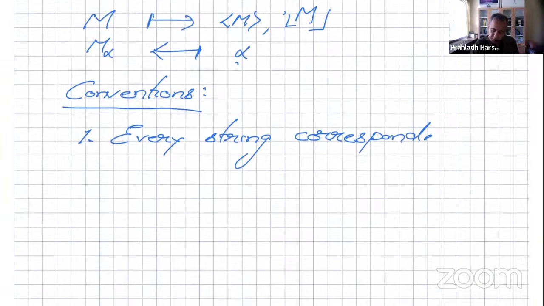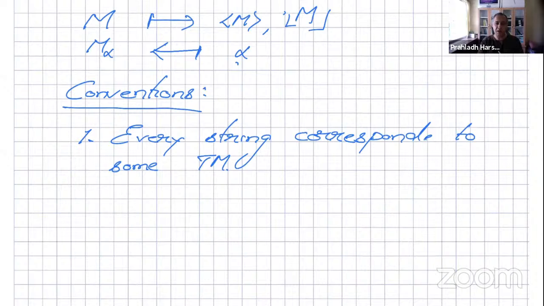I said that every string corresponds to some Turing machine. This might not be true. Certain strings you can't view as this 4-tuple. What do I mean? Then it just corresponds to the empty Turing machine, the one which does not accept anything. So every string for me is in some sense a Turing machine.